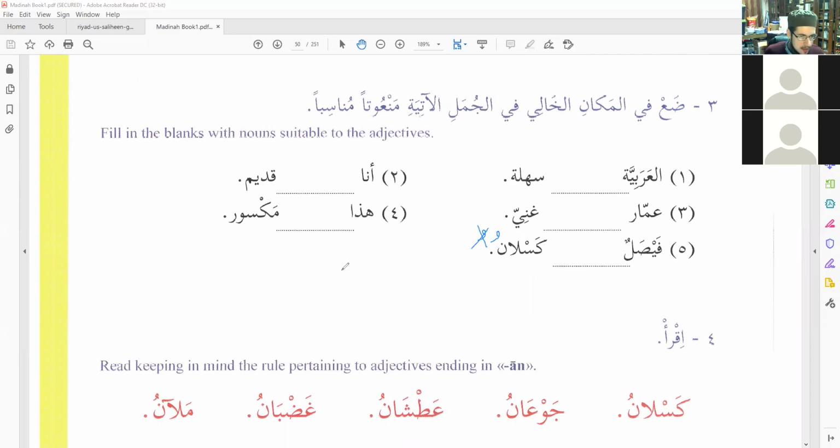How do you explain the question before the exercise? The question clearly says, keep in mind the rule pertaining to adjectives ending in alif and nun. So that means that these are adjectives. The instructions right here, below this, the exercise you just walked us through. And there is the alif and noon. That's what they're talking about.